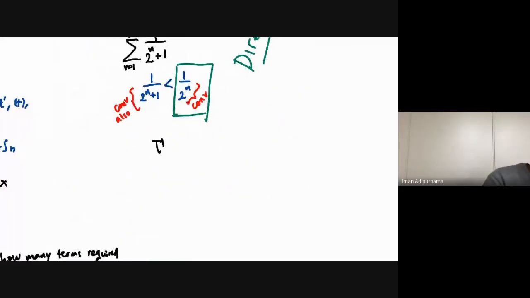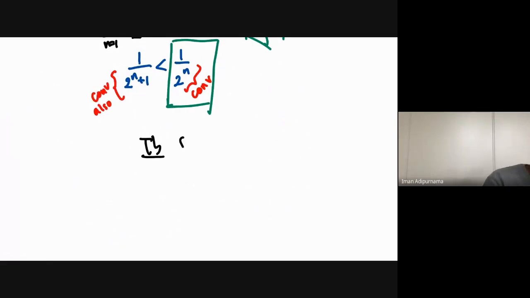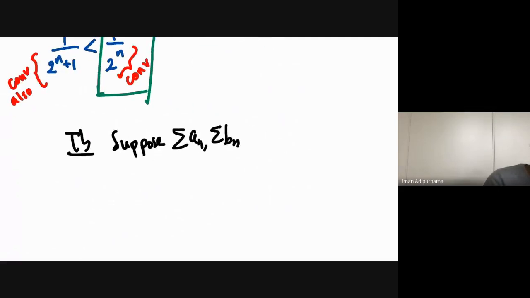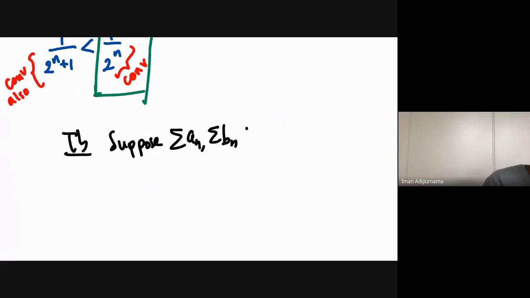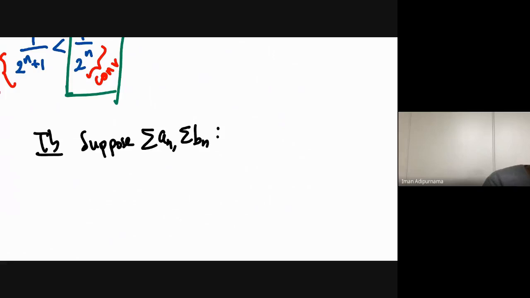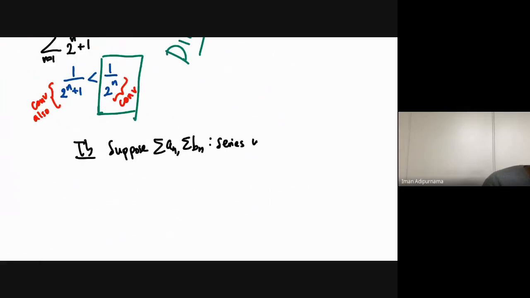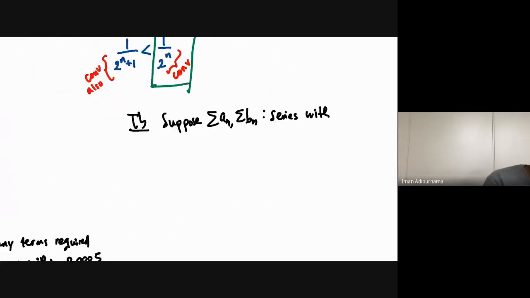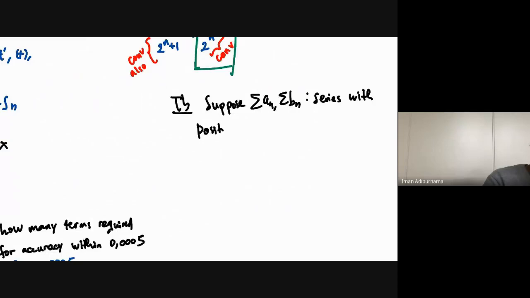Let me write the theorem for the direct comparison test. Suppose you have an and bn, two series with positive terms.